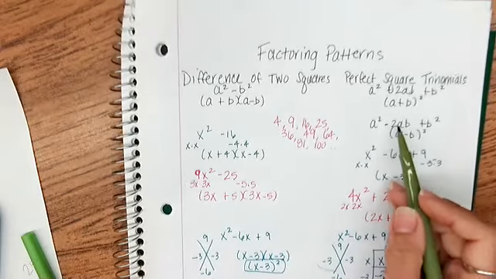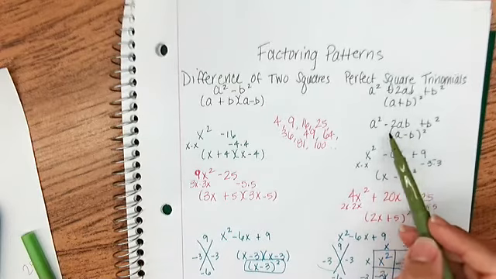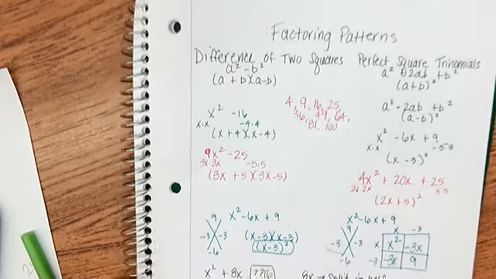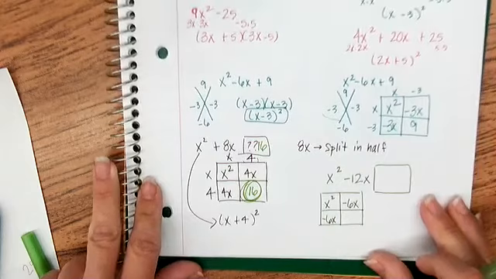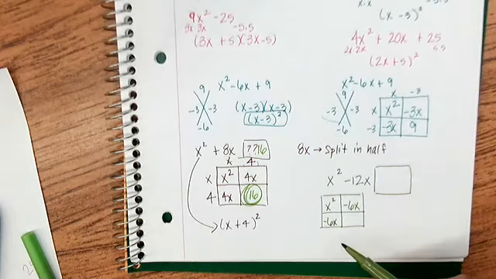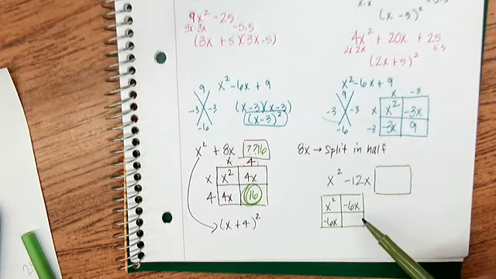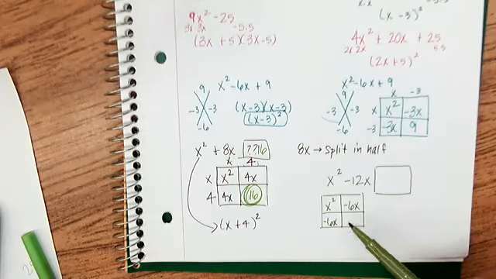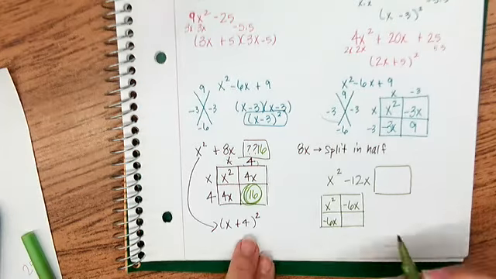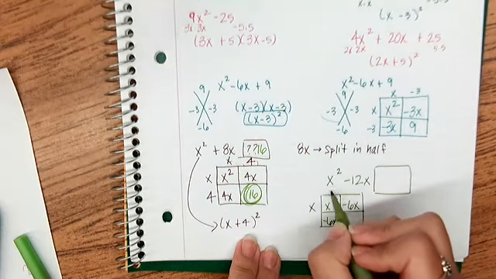So here it says 2ab, negative 2ab. So if I'm working backwards to factor, instead of multiplying by 2, I'm going to divide by 2 because I'm going backwards. So negative 12x becomes negative 6x and negative 6x. x and x.